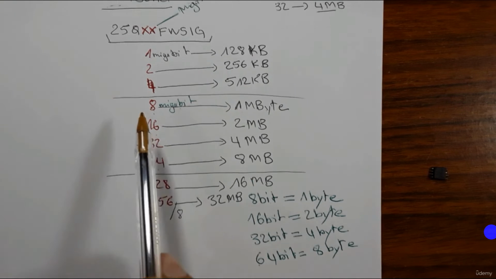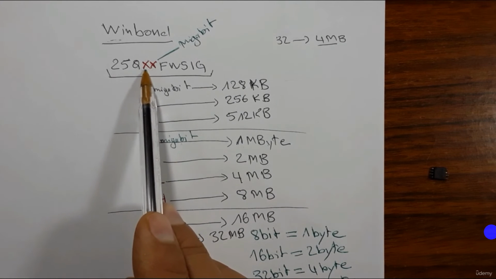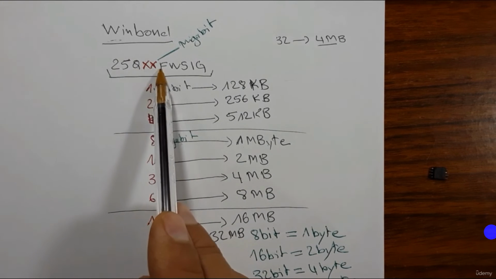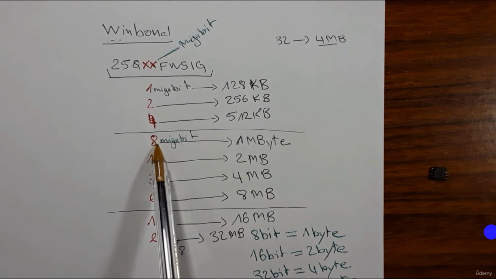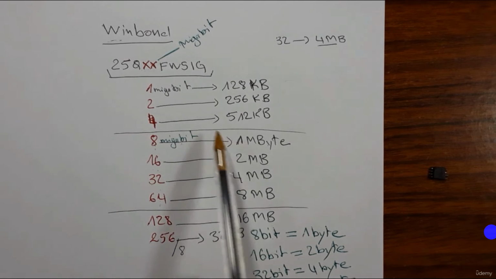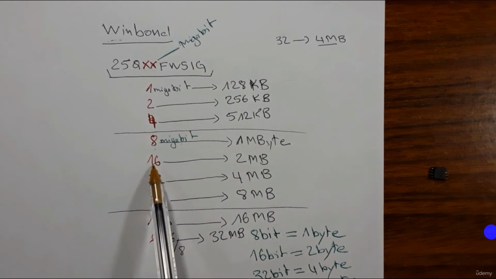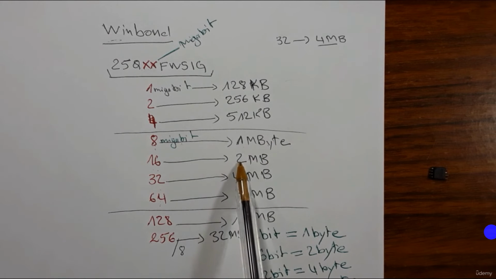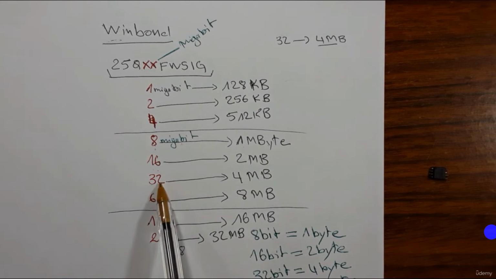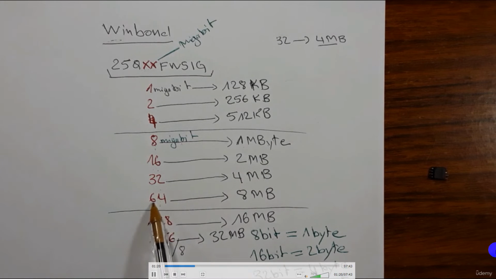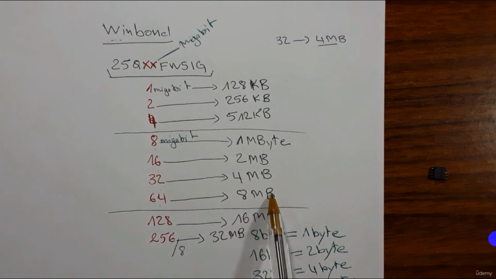That's why when you find here, between Q and F, 8 means the IC size is 1 megabyte. 16 means 2 megabyte. 32 means 4 megabyte. And 64 means 8 megabyte.